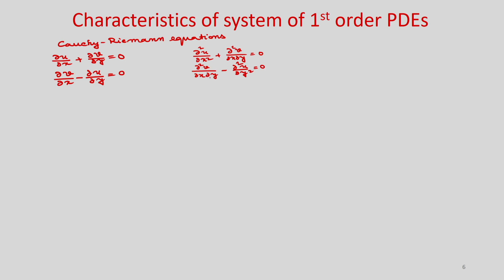Now, if you substitute ∂²v/∂x∂y is equal to ∂²u/∂y², then from here you will get ∂²u/∂x² plus ∂²u/∂y² is equal to 0. So, if you substitute it, you are going to get a Laplace equation.